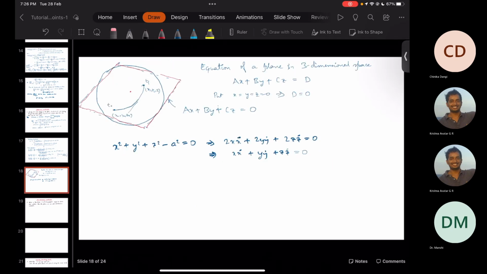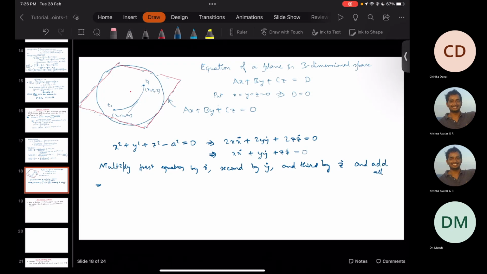So then this gives us: multiply the first equation by x dot, second by y dot, and third by z dot, and add all of them.